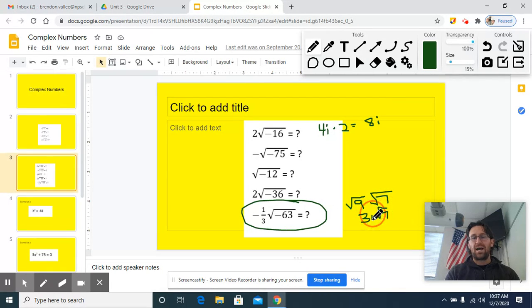So that would be 3i radical 7 times -1/3. So we're going to multiply -1/3 times this, which would be -1i radical 7. So whenever you see a negative inside the radical, you just put an i outside.